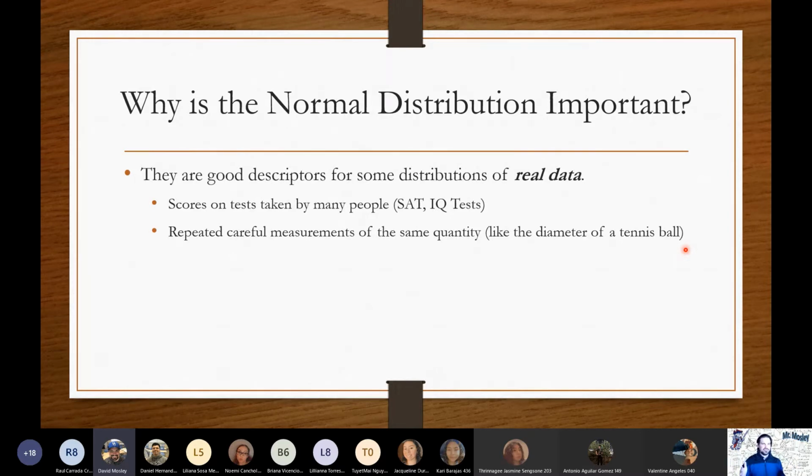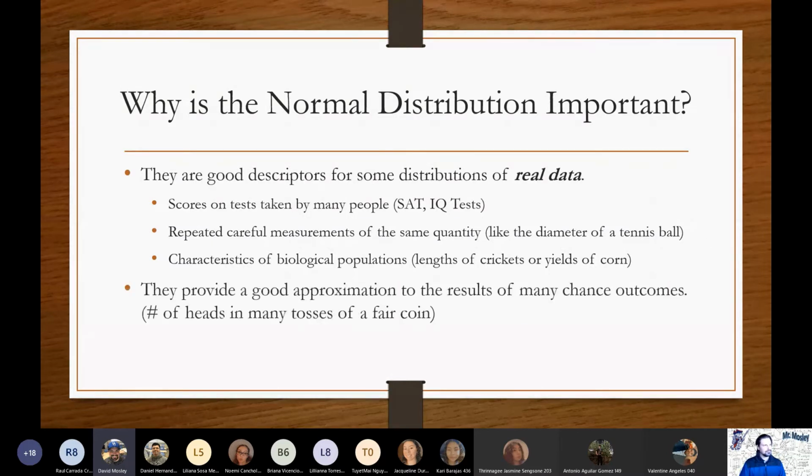And within that range, there's a normal distribution of the diameters. Characteristics of biological populations, such as lengths of crickets or yields of corn. Once again, there's kind of the typical range for these sets of data. And along that range, it's approximately normal.